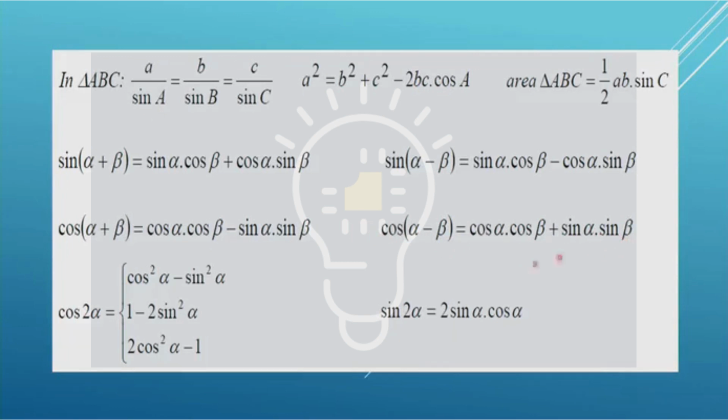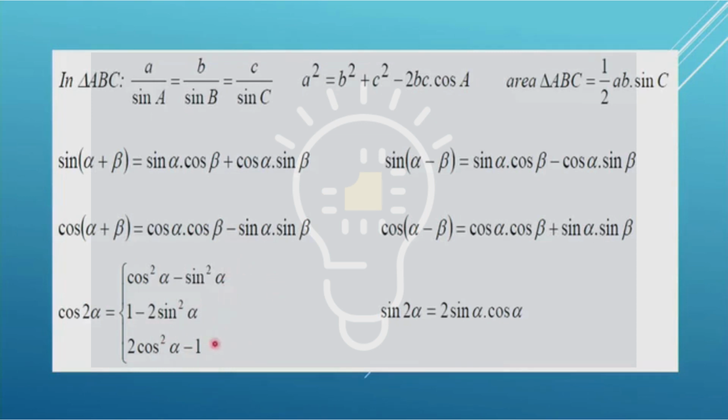Taking it further, we can further simplify these into what are called identities. Cosine 2 alpha, in other words, cosine of alpha plus alpha, could be expressed in three ways. Firstly, cosine squared alpha minus sine squared alpha, or 1 minus 2 sine squared alpha, or 2 cosine squared alpha minus 1.